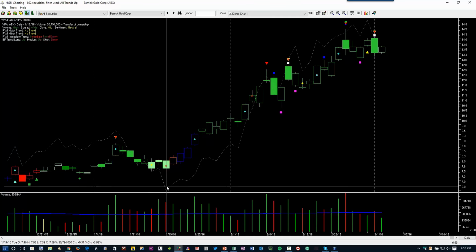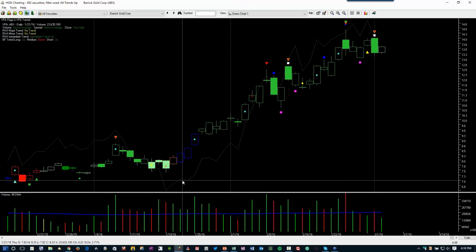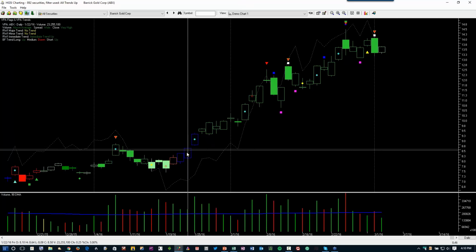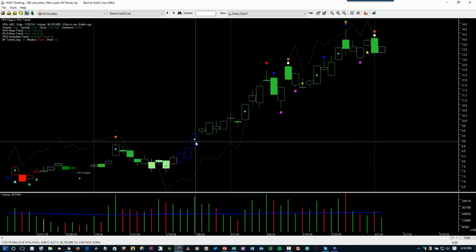This group started making headway to the upside, and then we got a signal here which was confirmed by the group. So this is why I really don't think you should look at any stock, if you're trading individual securities, without including a group line.